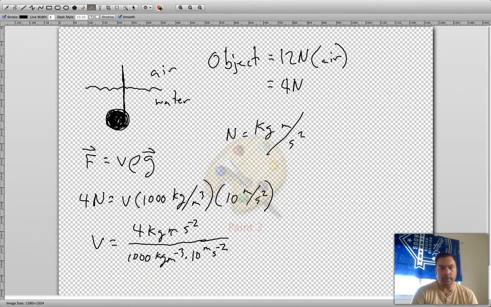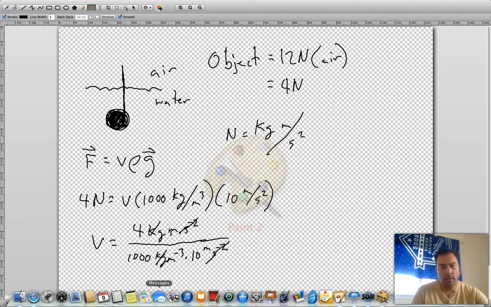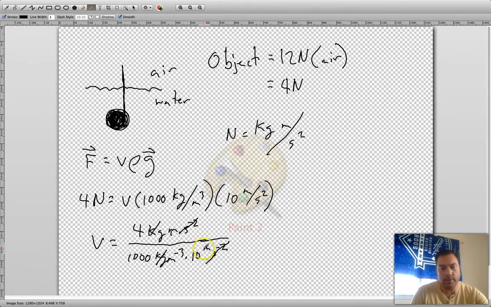All right, what can we do with this? Well, the first thing we can recognize right away is this really neat thing: kilograms cancel out. Seconds cancel out. That just leaves us with meters. So we have meters to the -3 times meters, meters.